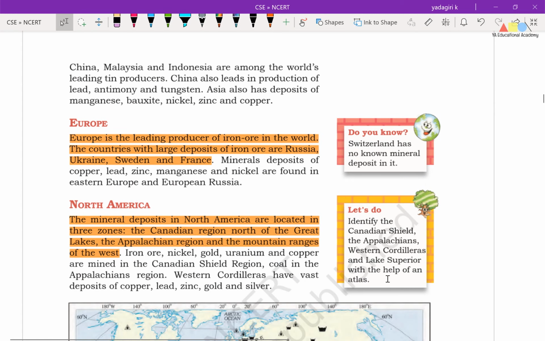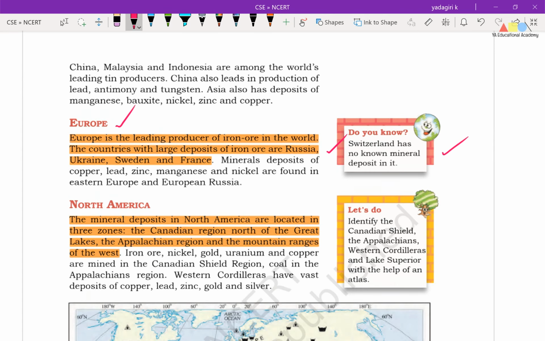Right friends, if we see Europe, it is the leading producer of iron ore in the world. The countries with large deposits of iron ore are Russia, Ukraine, Sweden and France. Okay friends, here is a fact. Switzerland has no known mineral deposit in it.